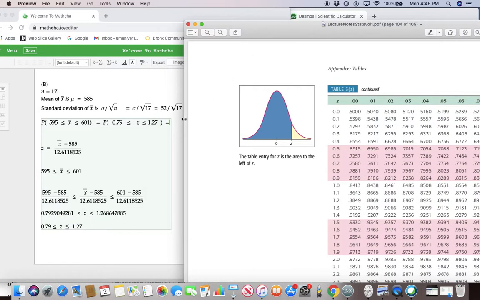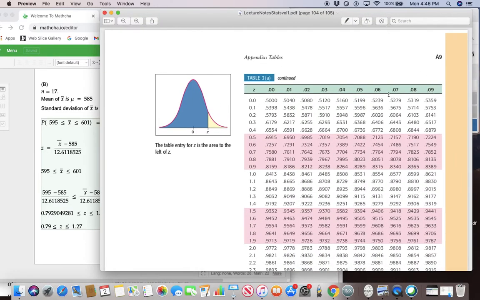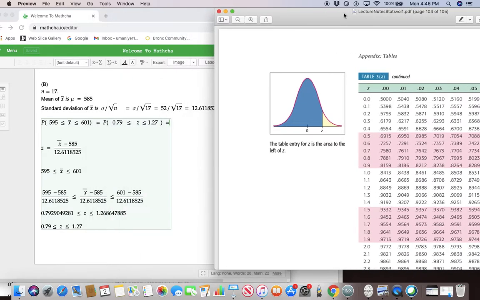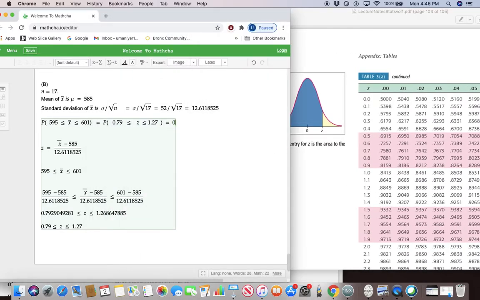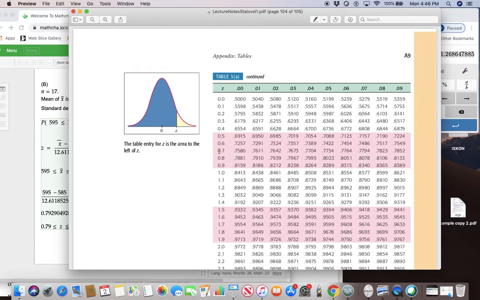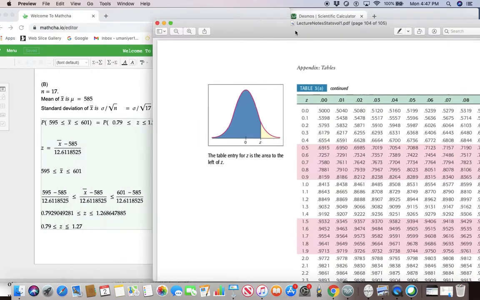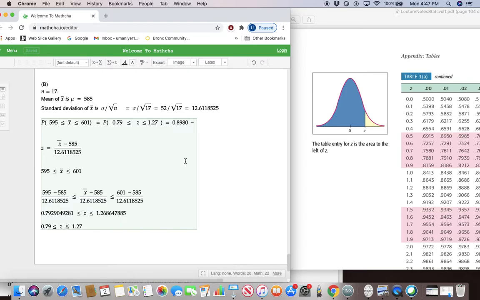The bigger number is 1.27, and the area is 0.8980, minus the area for the smaller number 0.79, which is 0.7852.